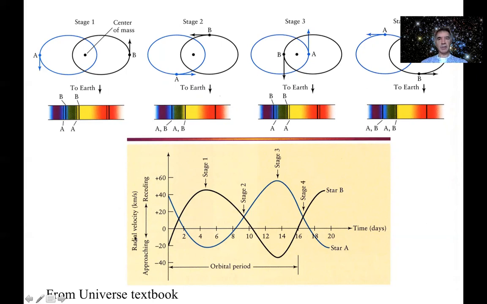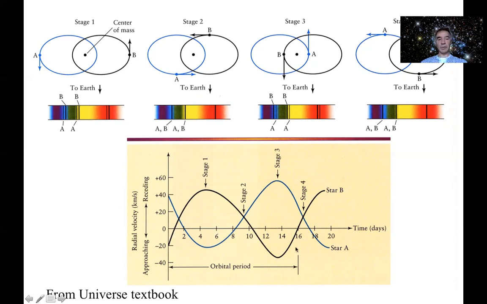The way this data is normally presented is what we would call a radial velocity curve. You plot the radial velocity of each star, each set of lines, as a function of time. Each star will trace out an oscillating curve, and of course both stars have the same period.